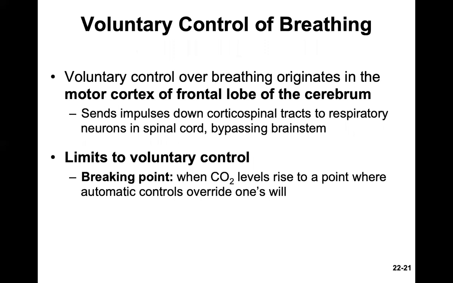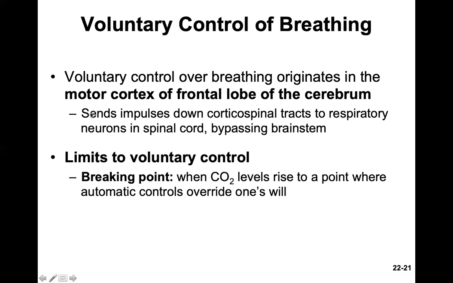And this will be the last one for this part of the lecture. Voluntary control of breathing. So voluntary control over your breathing originates in the motor cortex of the frontal lobe of the cerebrum. The cerebrum is the largest portion of your brain. The frontal lobe is that portion of it at the front of your head, just deep to the frontal bone. This portion of your brain is where you have your control of your breathing.